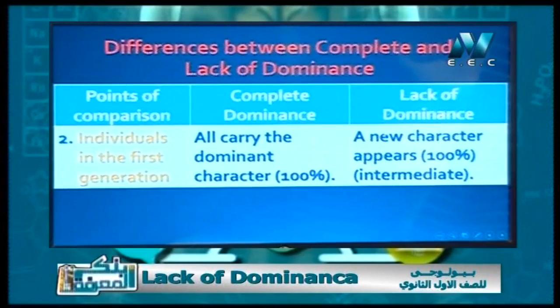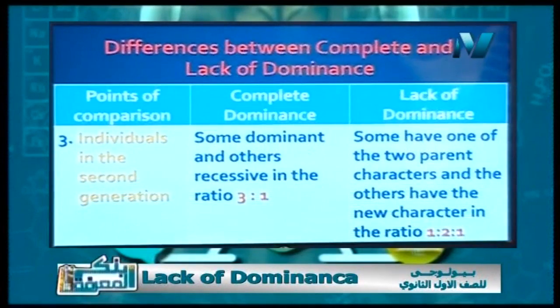In case of lack of dominance, as we studied in the four o'clock plant, a new character appears, and all individuals carry this character. We call it an intermediate character between the characters of the parents. This is a new one, and all individuals carry the same character, which is 100%.